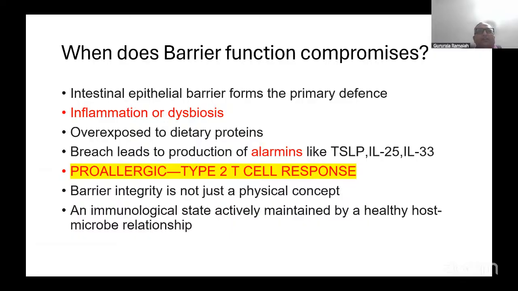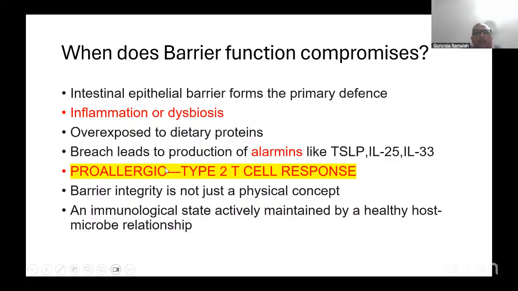The intestinal epithelial barrier is the primary defense. It is a single layer of epithelial cells linked by tight junctions, which restricts the uncontrolled passage of luminal antigens into the underlying tissues. When this barrier is compromised by inflammation or dysbiosis, the mucosal membrane becomes overexposed to dietary proteins.